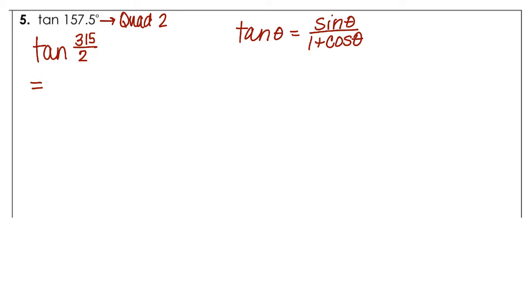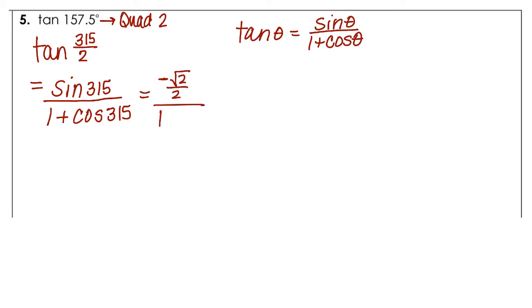So for this one, then that means I'm going to have sine of 315 over 1 plus cosine of 315. And now I substitute in my known values. Sine of 315 is negative root 2 over 2, over 1 plus cosine, that's going to be just root 2 over 2.